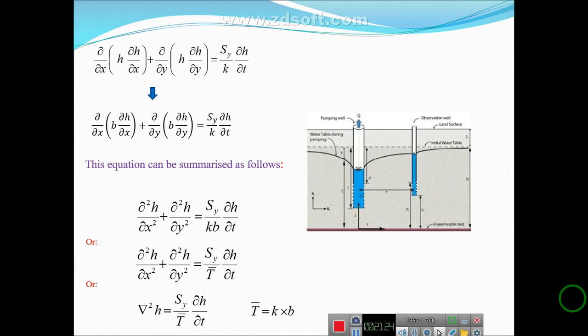So this equation reduces to this. This equation can be further summarized as these three equations. It is necessary to emphasize that this parameter is an average transmissivity in unconfined aquifers.